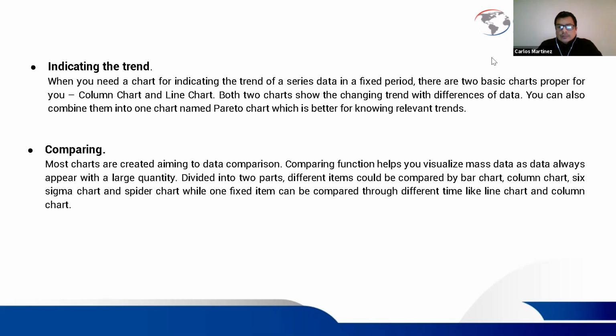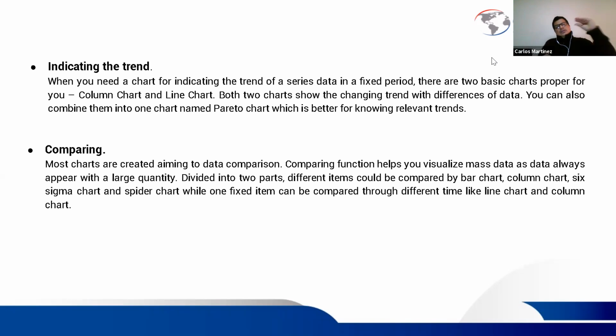And finally, to compare. Most charts are created aiming to compare data. I mean, basically all, because they are used to compare data. Comparing functions help you visualize mass data, as data always appears in large quantities. Divided into two parts, different items can be compared by a bar chart, a column chart, a Six Sigma chart. Six Sigma chart is the one where you have the top row and the column, and you match where they cross.